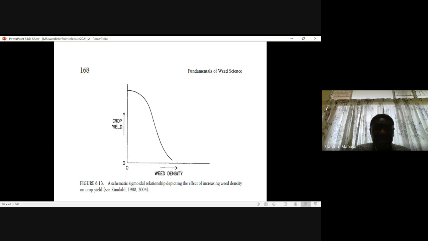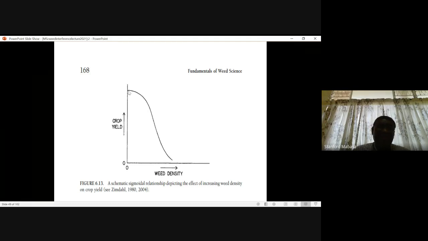What it means is that as you increase weed density, at first the response is slow here. The changes are very small. But as you keep on increasing with density, crop yield will start to fall until you are here.